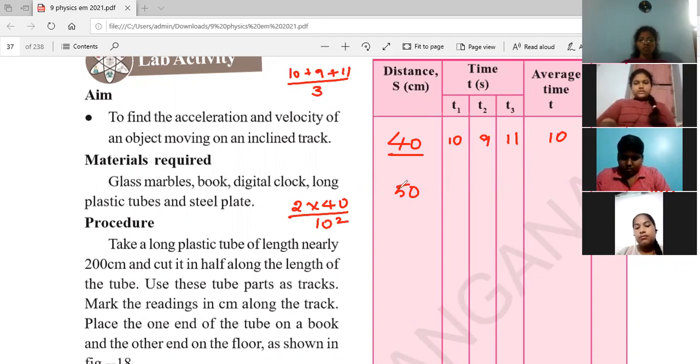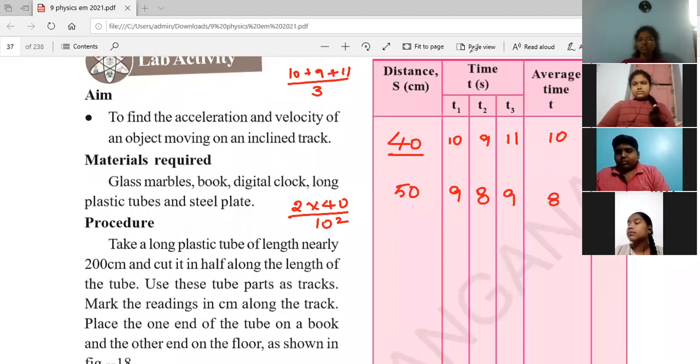Four by 5, the 0.8 will get. For example, if you take a 50 centimeter distance, maybe the marble covers 9, 8. The average we get here is 8.